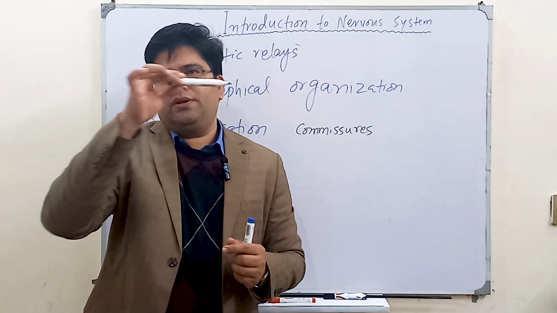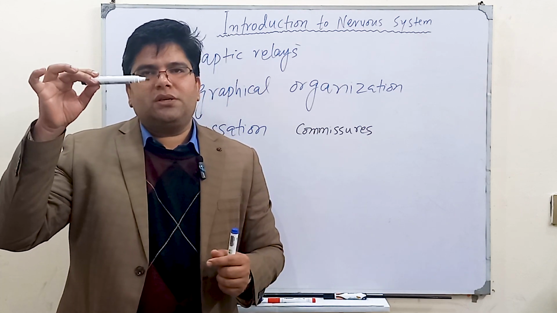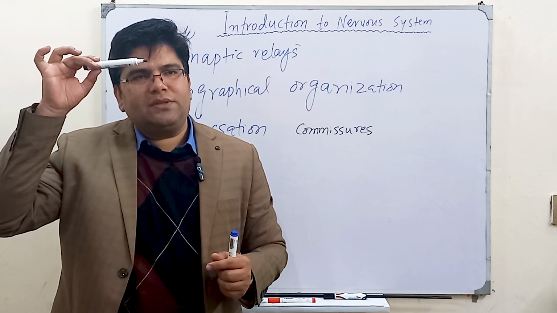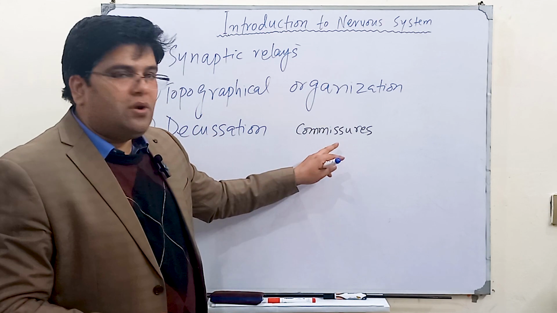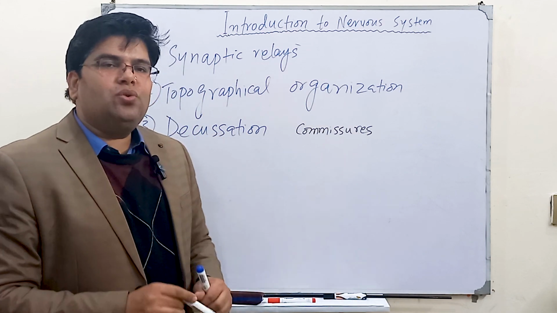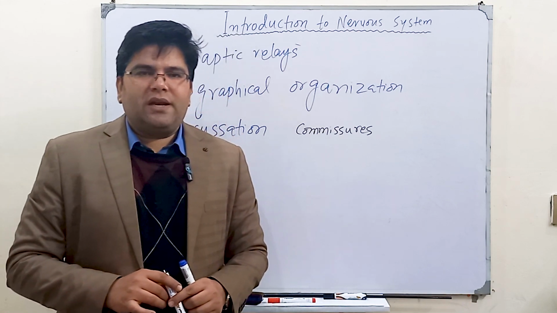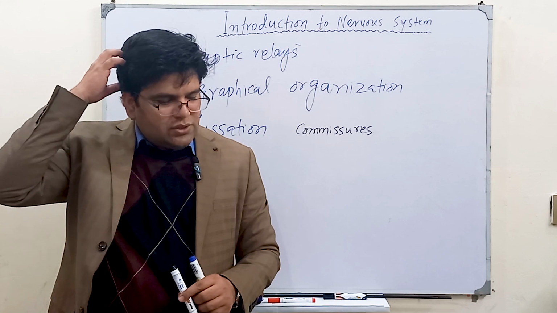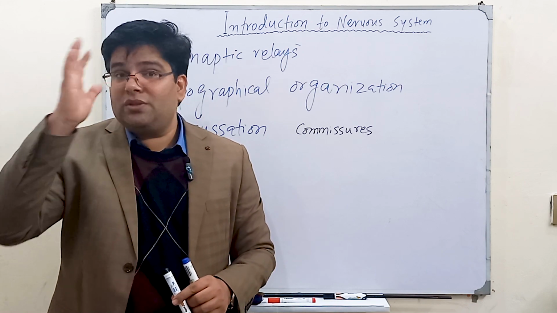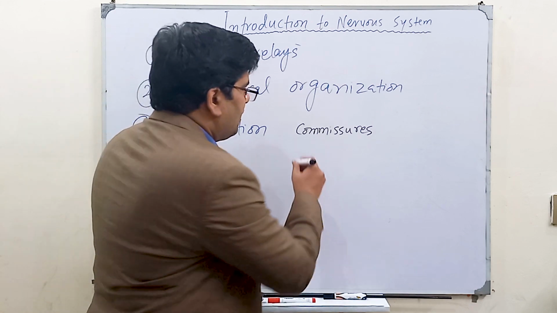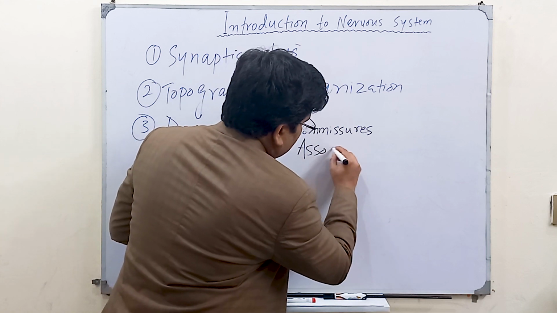These fibers which cross from one side of the central nervous system to the other are called commissural fibers. And those nerve fibers which connect one part of the brain from anterior to posterior and from posterior to anterior, but on the same side, we call association fibers.